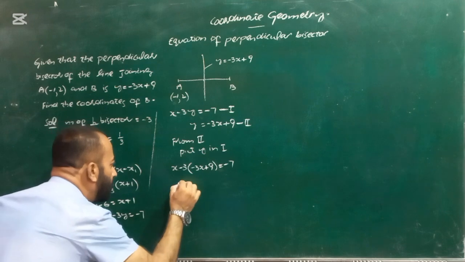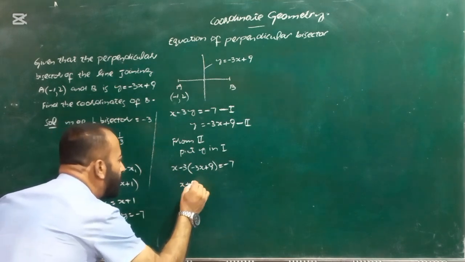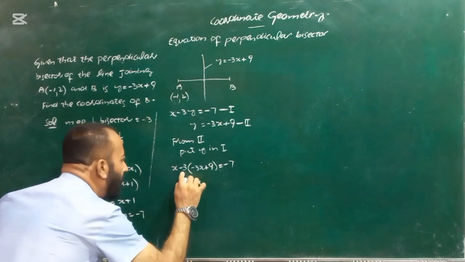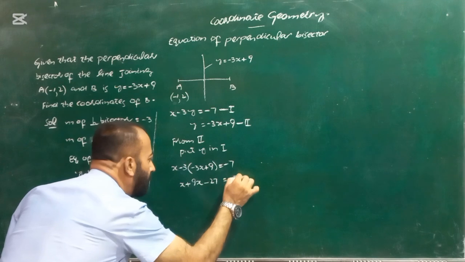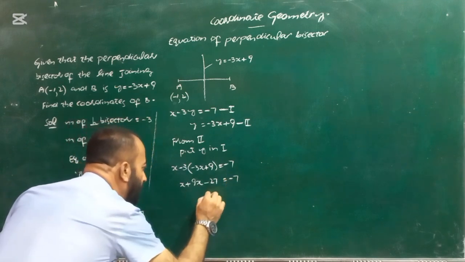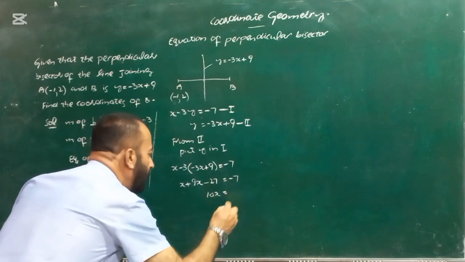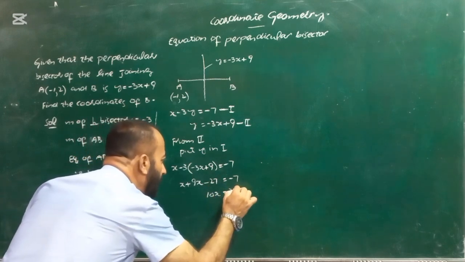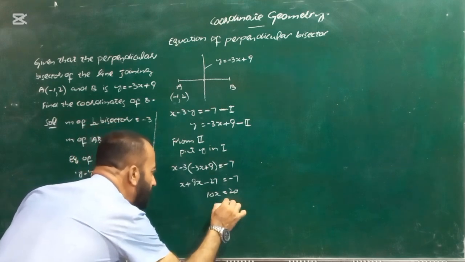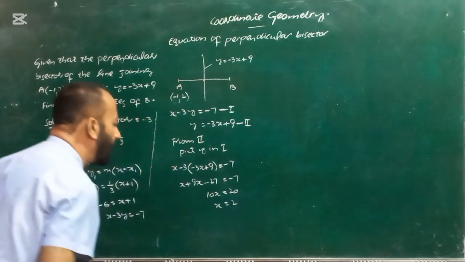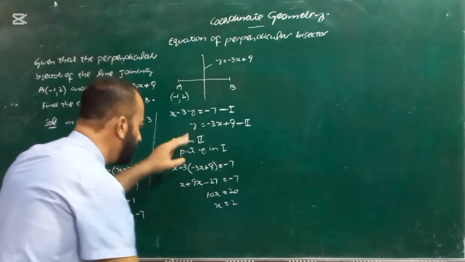So solve it now. x plus 9x, plus minus minus 27, is equal to minus 7. x plus 9x will be 10x, and this minus 27 will go to the right side, so the remainder is 20, and from here x is equal to 2. So put this value of x in equation number 2.